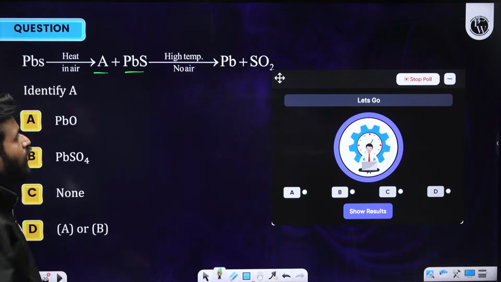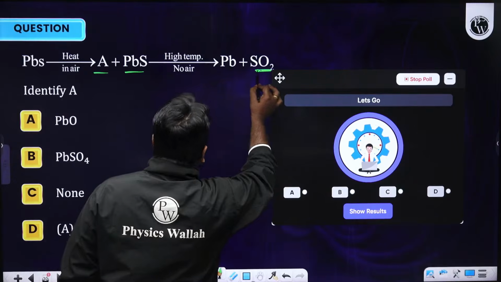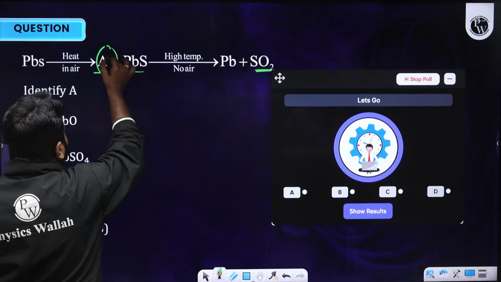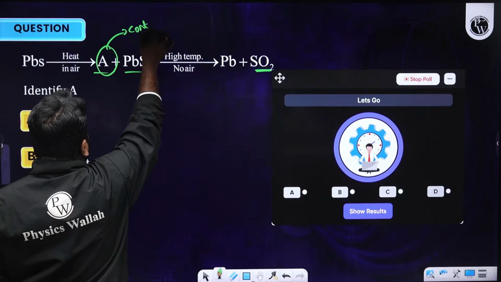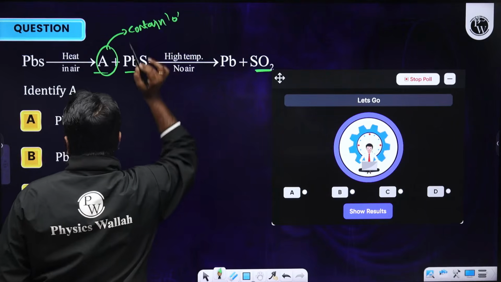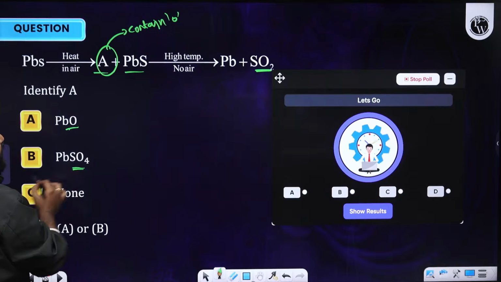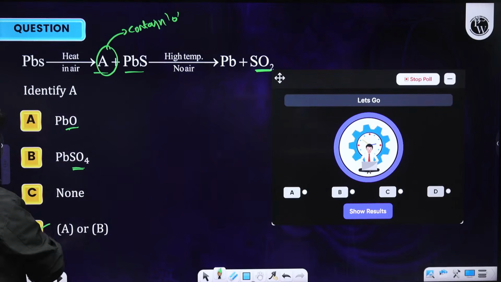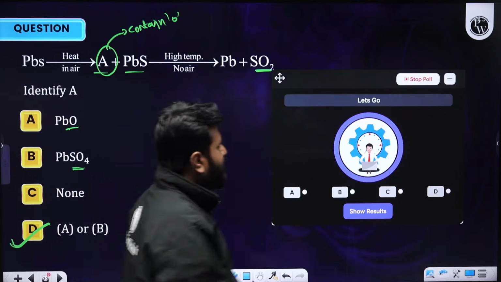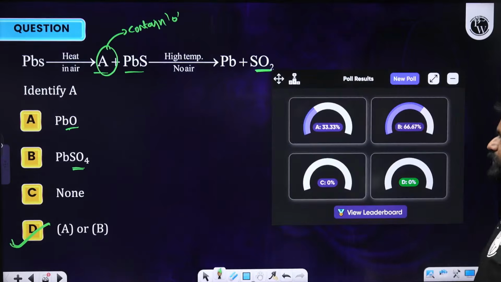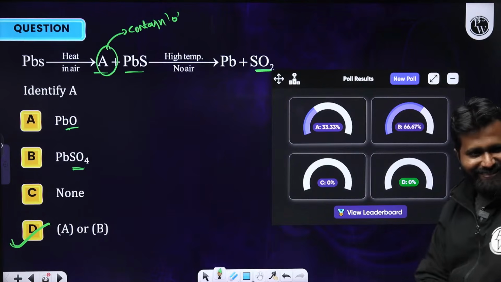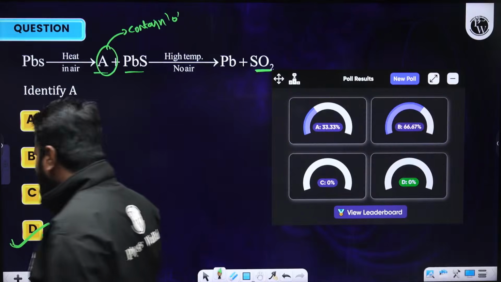Definitely we know what is present. Since oxygen is there, A contains oxygen. In which options is oxygen present? PbO and PbSO4, both are possible. So I will go with A or B.